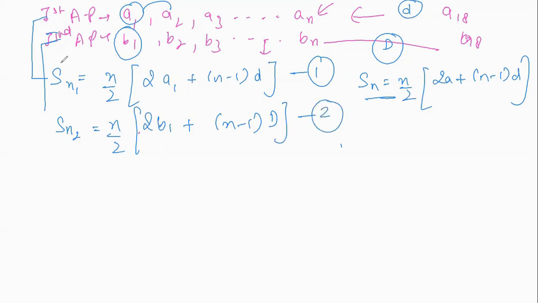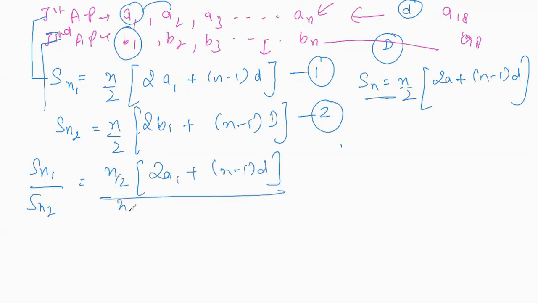Now, their ratio is given. It means Sn1 divided by Sn2 is given to you. So if I divide these two equations, 1 by 2, Sn1 by Sn2 is equal to n by 2 times the right-hand side in division, which is (2a1 plus (n minus 1) d) over (2b1 plus (n minus 1) D). The n by 2 factors are the same, so they will cancel out.